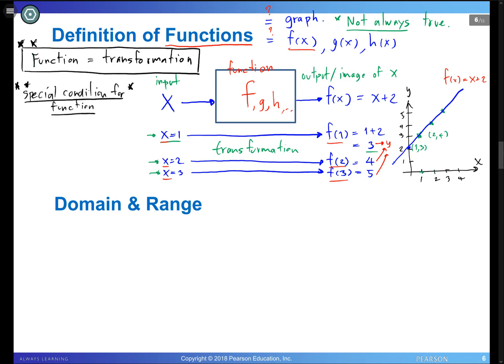So let's take a look here. For every function, one input can only create one output. Alright, let's write this down. One input, we are talking about the left hand side of this illustration. One input can create only one output.